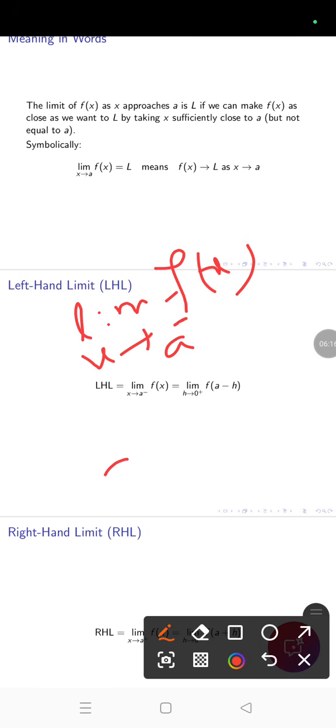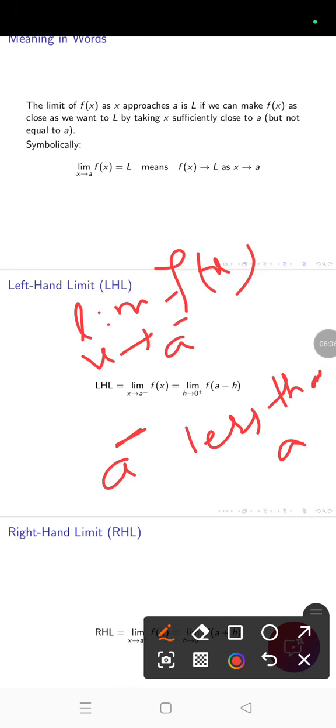Always remember that a minus means it is less than a. So from the left hand side we approach a.